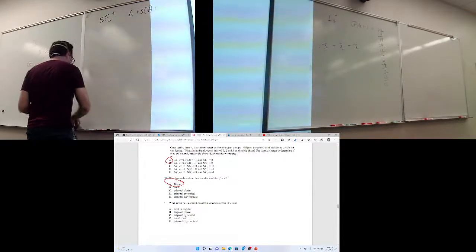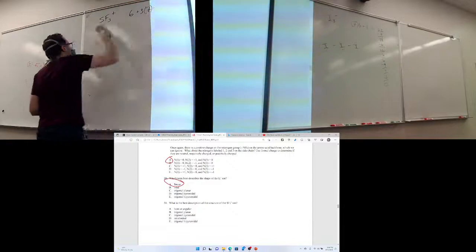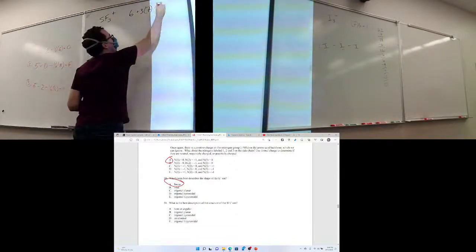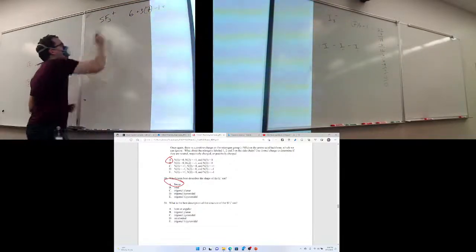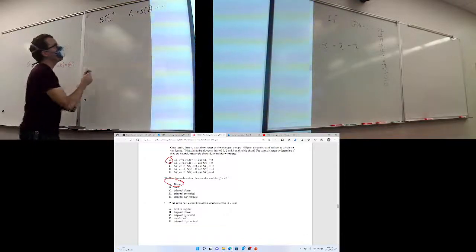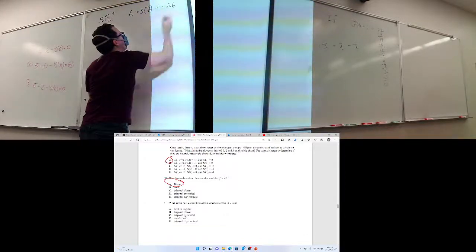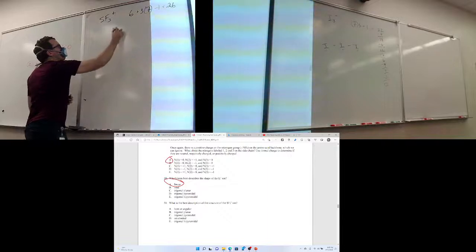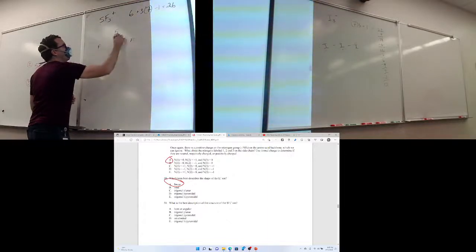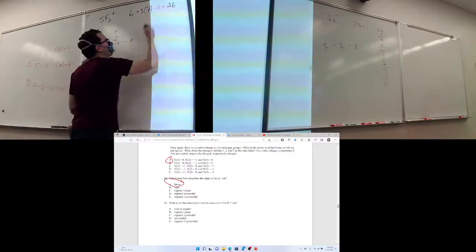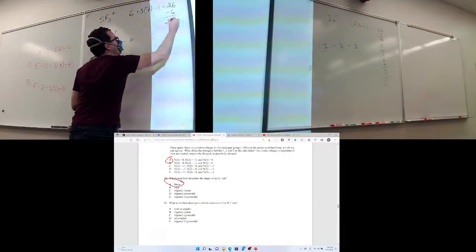Not plus, minus. We are losing an electron from the plus charge. Minus an electron because of the plus. So 20 plus 6 is 26. Sulfur, fluorine, fluorine, fluorine. That's 6 electrons in those bonds.